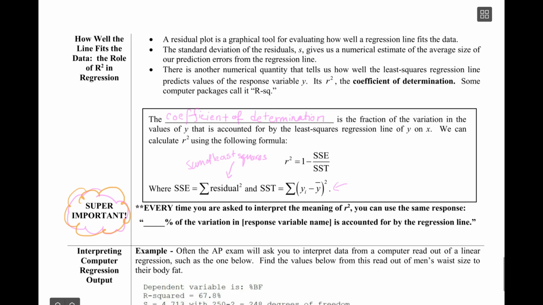So blank percent of the variation in blank response variable name is accounted for by the regression line. All right, so I'm going to show you how to actually use that term in the next video, so how to use that sentence, and it will make a little bit more sense.